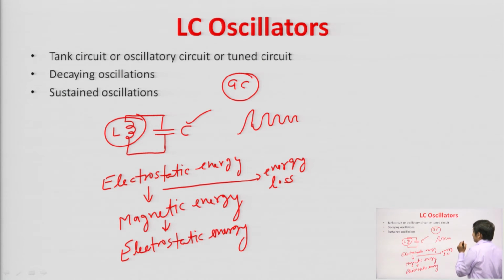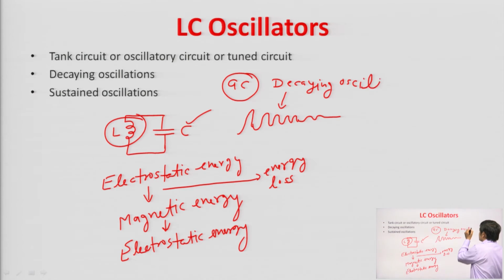It means that after some time this signal will die, there will be no signal. So, this is called decaying oscillations.